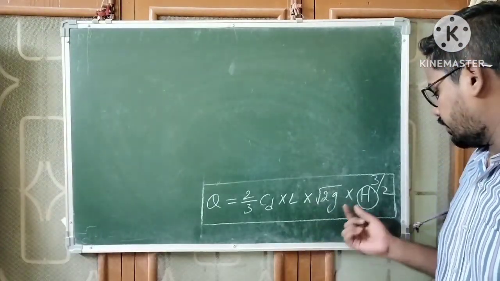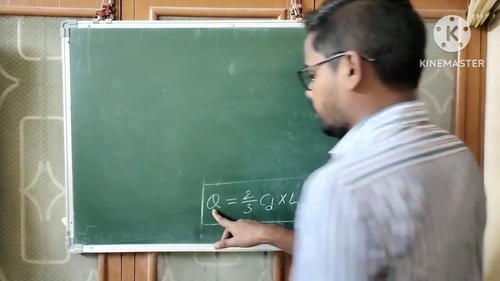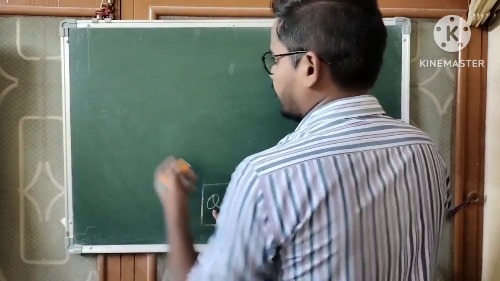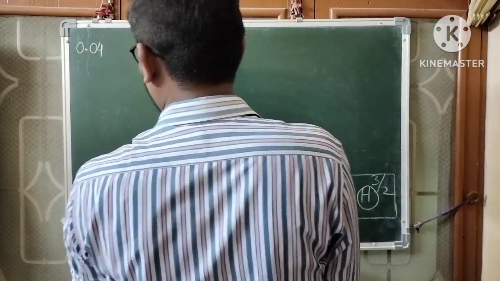First we have to find the head over the rectangular notch H. Q means discharge, given as 0.04 meter cube per second.